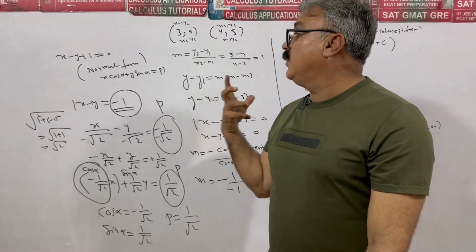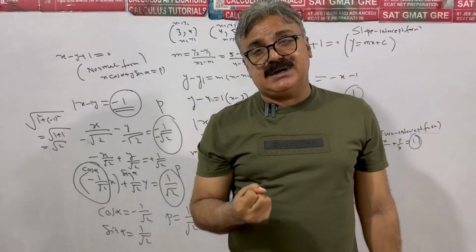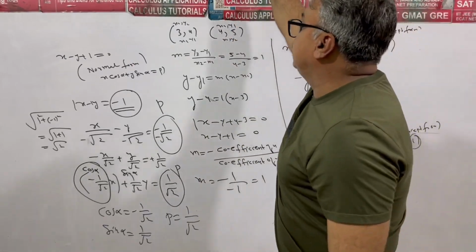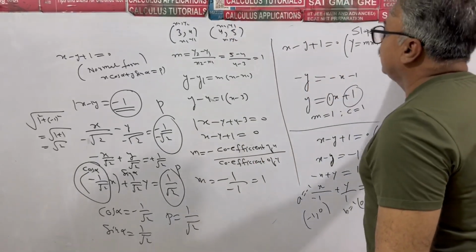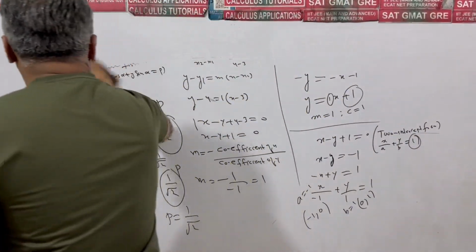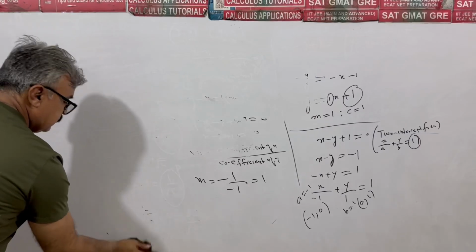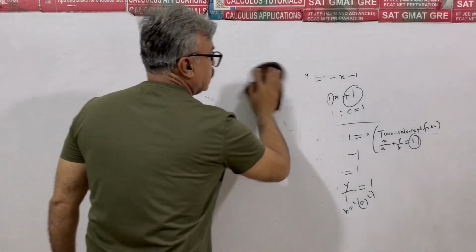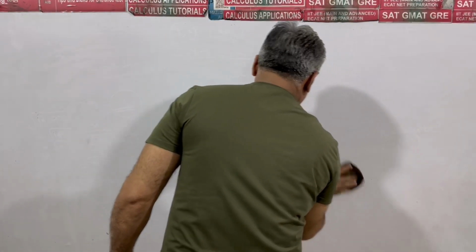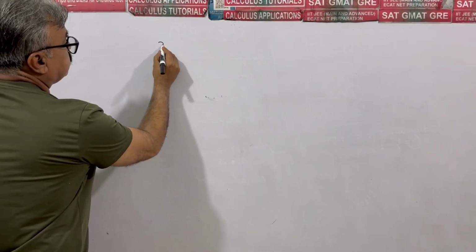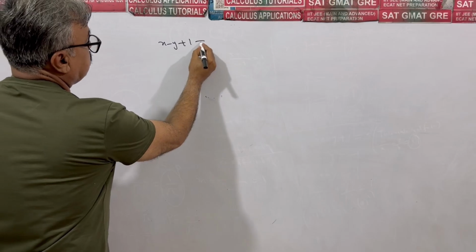Now I am going to show you how to graph a straight line. Let me continue with the same equation that I have: x minus y plus 1 is equal to 0.